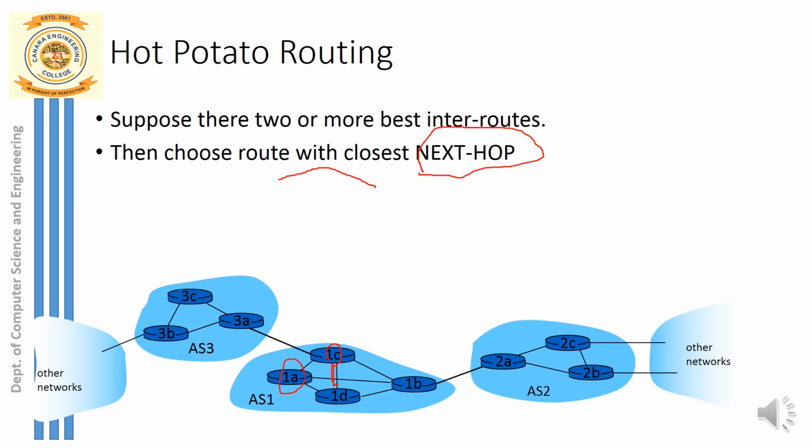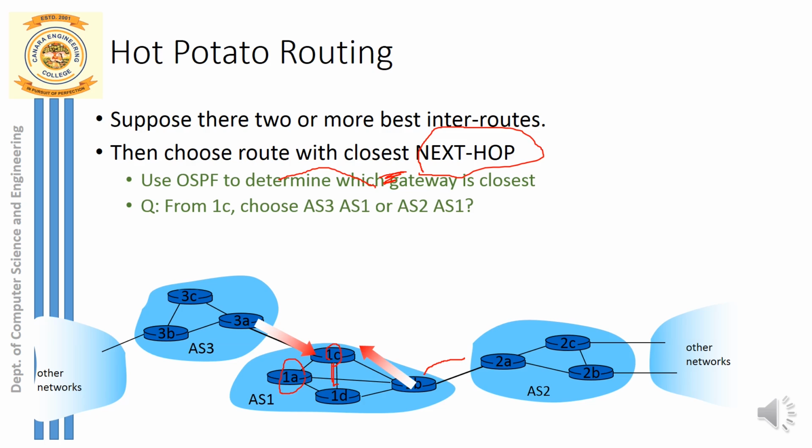The shortest path is calculated using OSPF, and then from there onwards it will choose the closest next hop. So the closest next hop here is 2A, right? In that case it will finally redirect the packets. So this closest next hop will be selected if there is more than one best inter route. Okay.